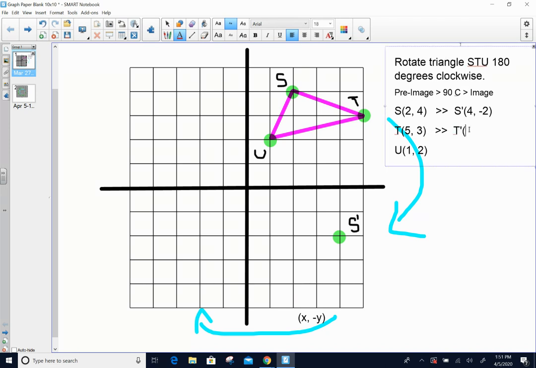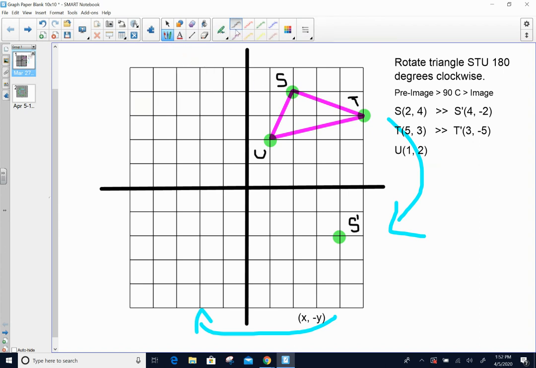First thing I know is that I need to switch my X and my Y values. So instead of 5, 3, I need it to be 3, 5. Then remember, since we're moving into this quadrant 90 degrees, my Y value has to be negative. So it's not going to be a positive 5, it's going to be a negative 5.